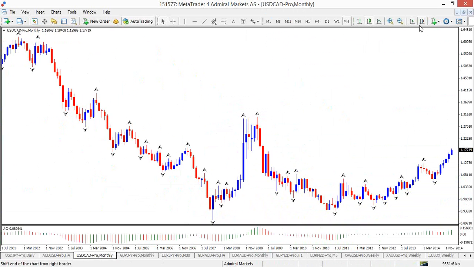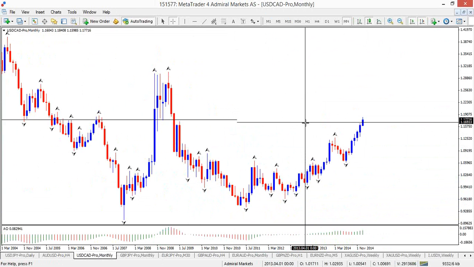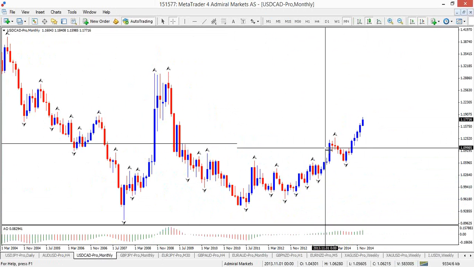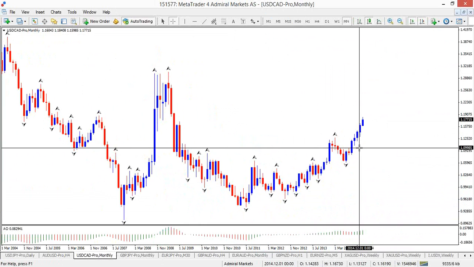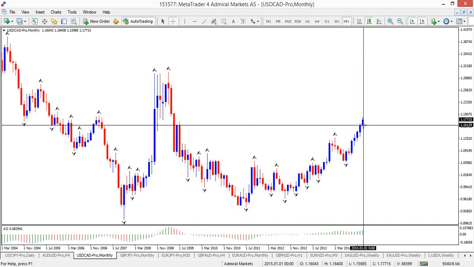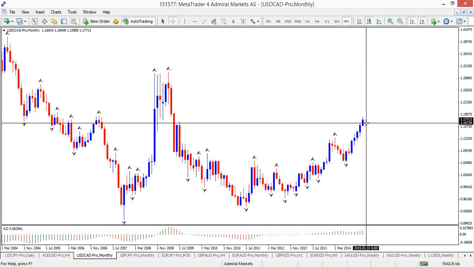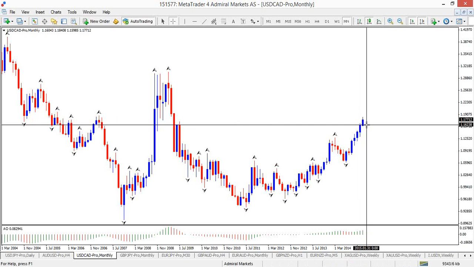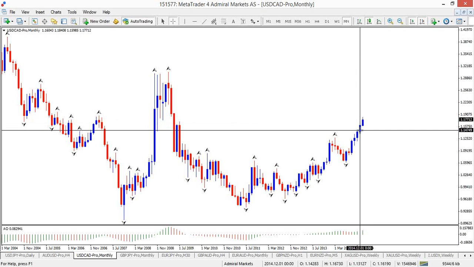Alrighty. Dollar CAD monthly chart is bullish. The close here is just a few pips off the high. Let's take a look at how much the difference is. The high 73, the close 19, which indicates 50 pips.